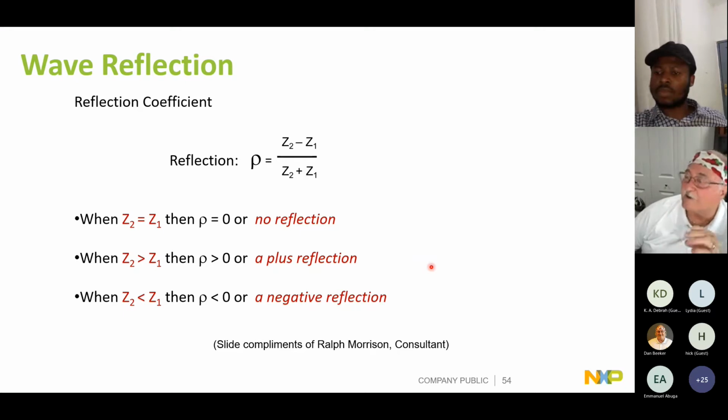It gets to the end, and only some of that field is allowed to go into the receiver. And you end up with this field piling up at the end, and it starts to reflect. And once the reflection is high enough that it's greater in density than the incident voltage, then now you've got a high voltage, it sees a low voltage, and it goes all the way back to the driver.